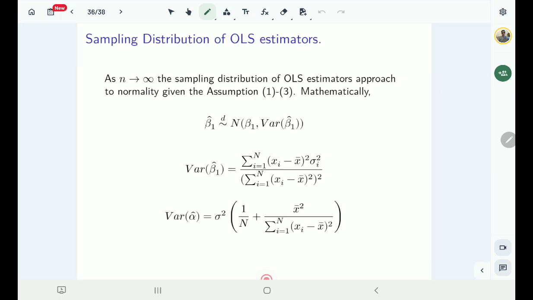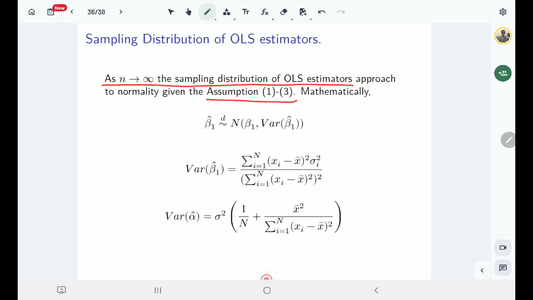Okay, now we have to talk about the sampling distribution of OLS estimators, but I don't want to dive deep into these things. They are a little bit mathematical. I'm sufficing by telling you that the CLT is going to apply to OLS estimators. So OLS estimators are going to be normally distributed asymptotically as n goes to infinity if the assumptions that we talked about hold in reality.